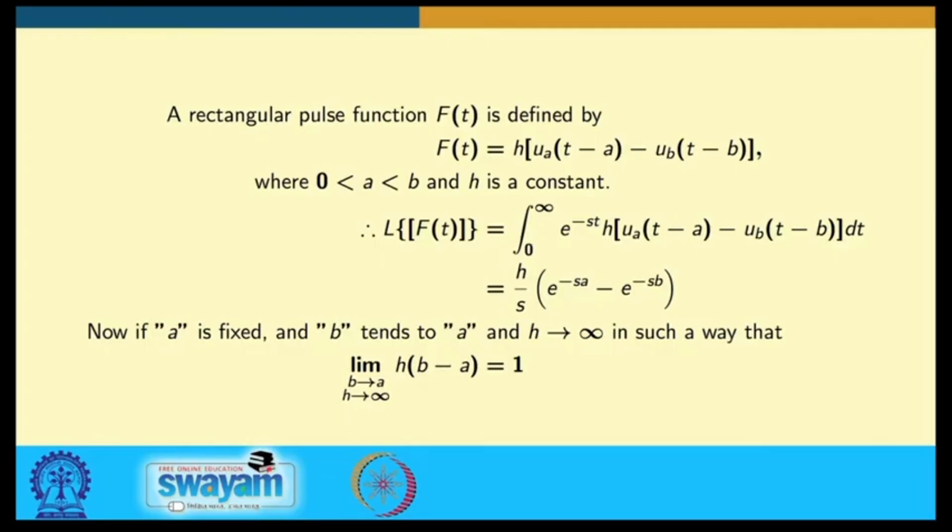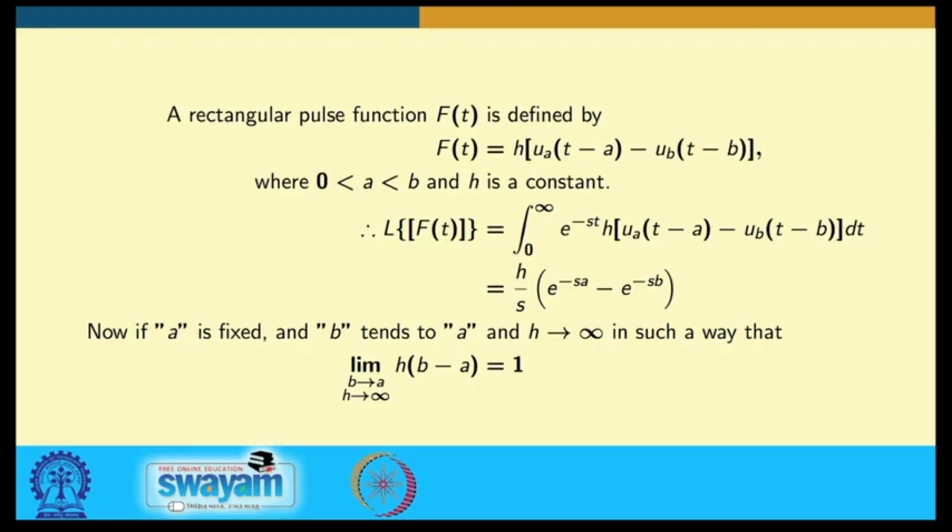I told you we can define it like this. So the Laplace transform of f(t), directly you can write it like this. If I evaluate, h by s into e to the power minus sa minus e to the power minus sb, I can also write down. Means the impulse function I can write in various ways, and if I use any form I can obtain the Laplace transform of this one.